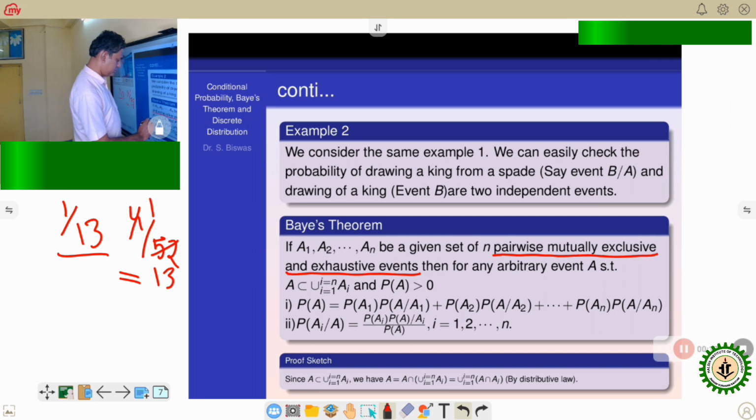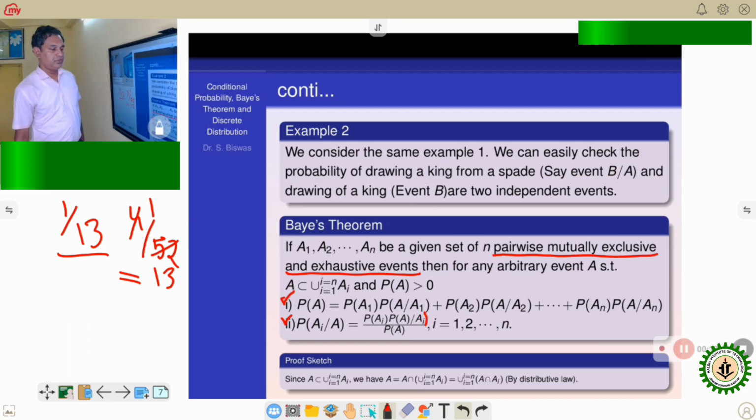This is the first point of Bayes theorem. And in the second part, we have, you can say, an inversion of what has been done in the first part. That is P(Ai|A) is equal to P(Ai) P(A|Ai), here one bracket I have missed, divided by P(A), for i equal to 1 to n. These two are the main points which we wanted to state in Bayes theorem.